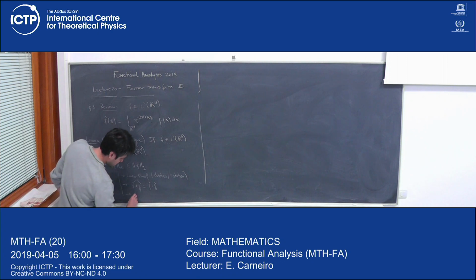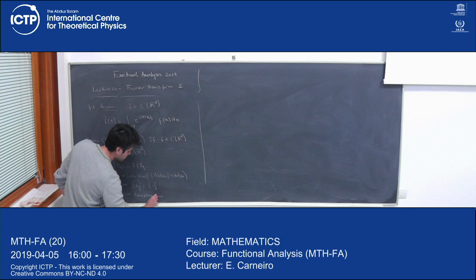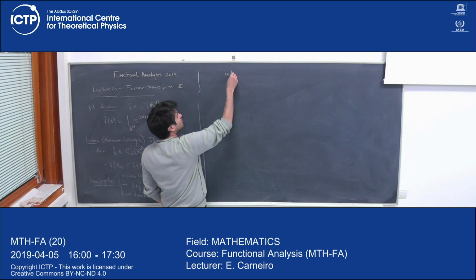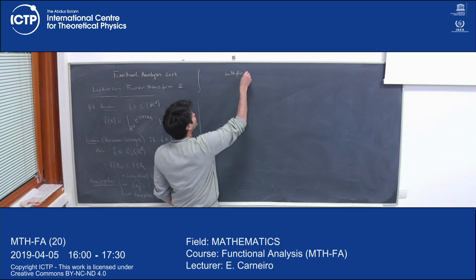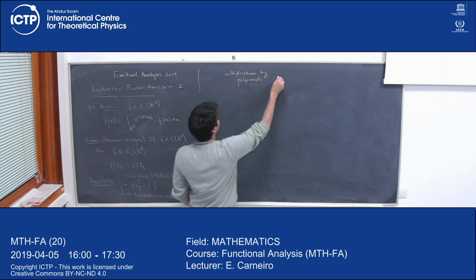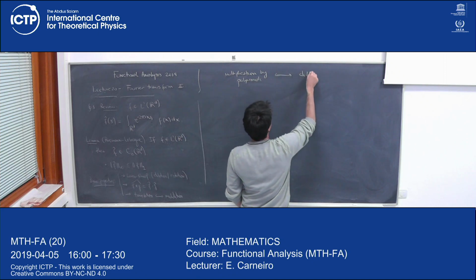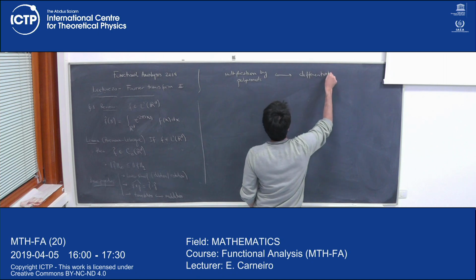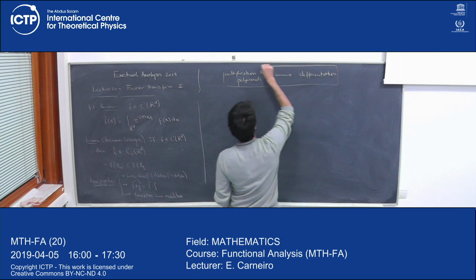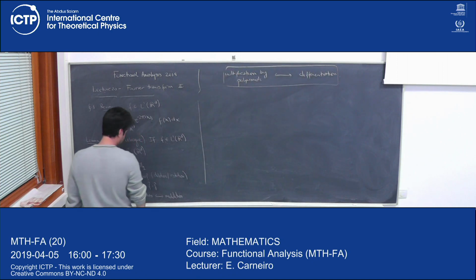Actually, before that, it takes translation on one side into what we call modulation on the other side, and it takes multiplication by polynomials on one side to differentiation on the other side. So these are very, very nice properties that we have from our Fourier transform.